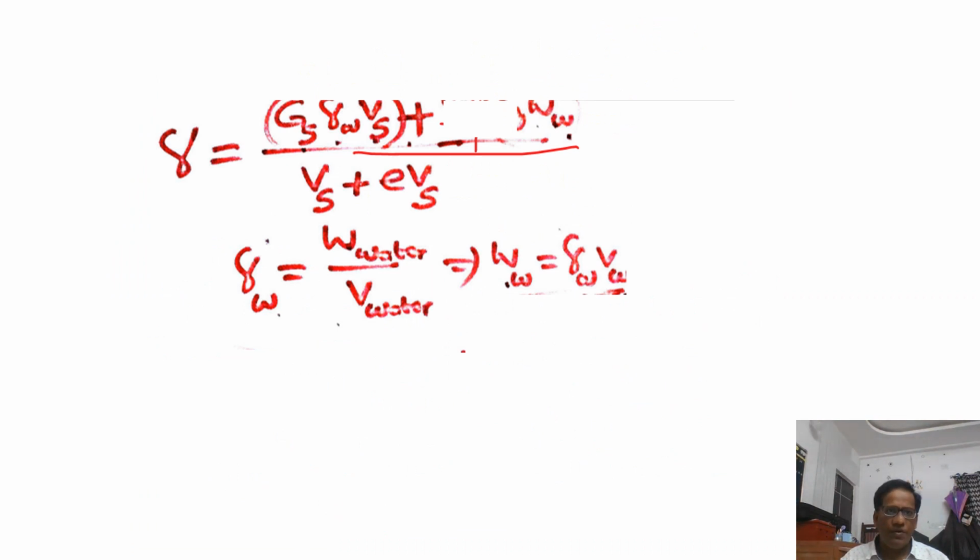Further, if you substitute this, gamma is equal to Ws plus Ww, and instead of Ws we are writing Gs gamma w Vs plus Ww.